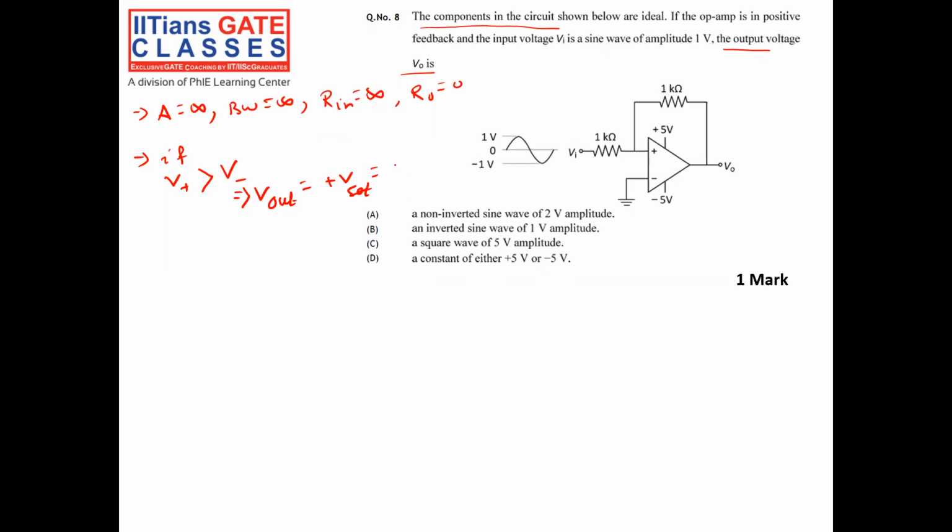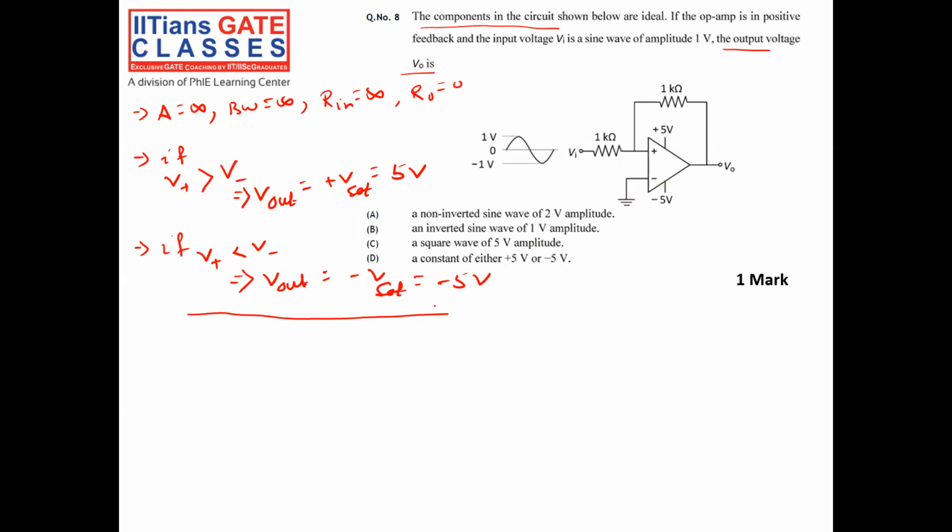Here it is equal to plus 5 volt. This is the first condition. The second condition is, if my V plus is less than my V minus, that will give me output voltage equal to minus V sat, equal to minus 5 volt in this case. This is the behavior of my op-amp when in positive feedback.